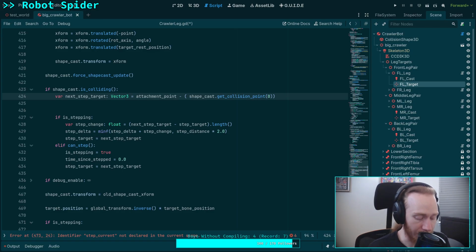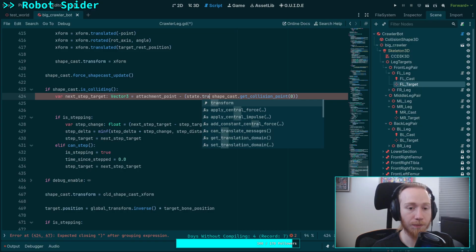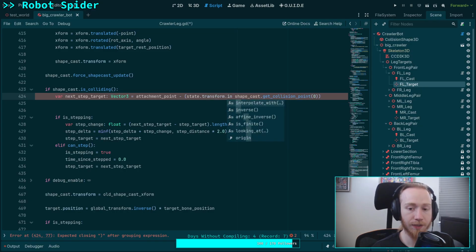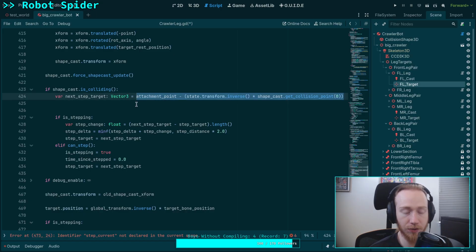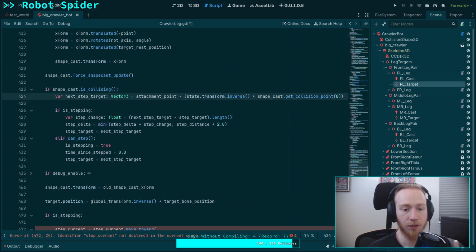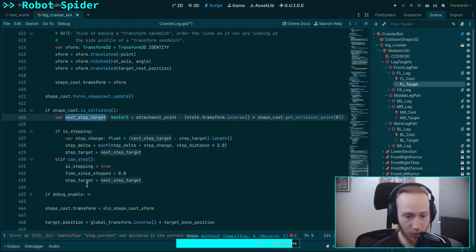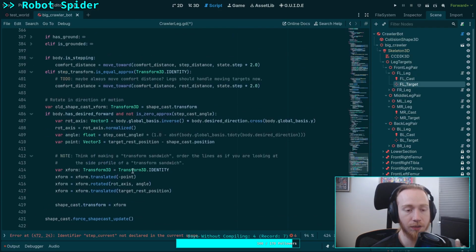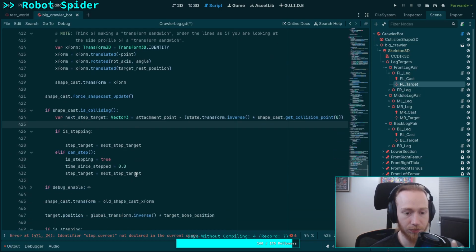I need this relative to the body, so I guess I just do state transform inverse, right? This is relative to body. This is relative to body. I know a vector relative to body. This is my next step target. Then I have the step target. Not doing deltas like this. I'm just going to delete that for now.